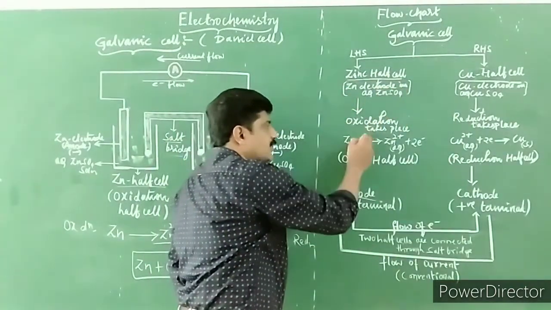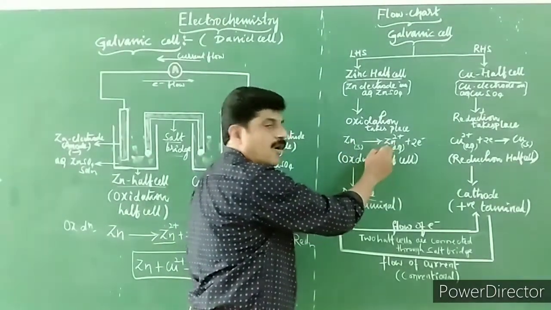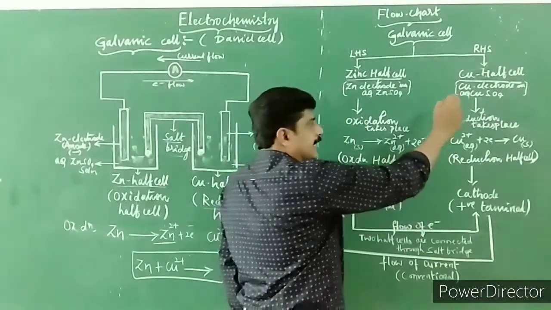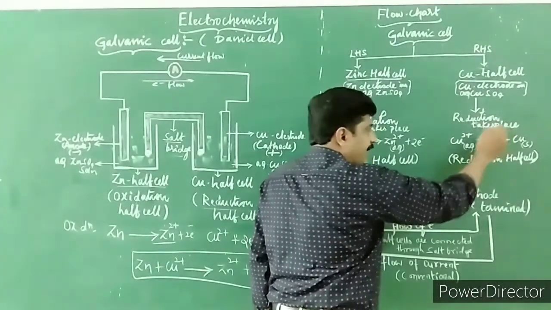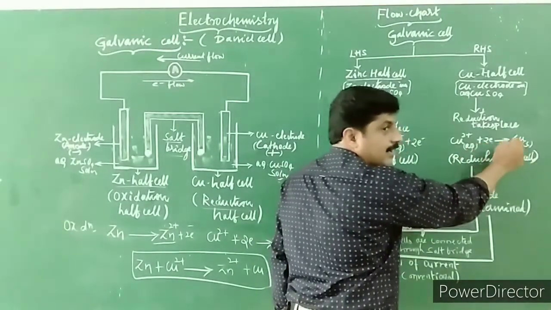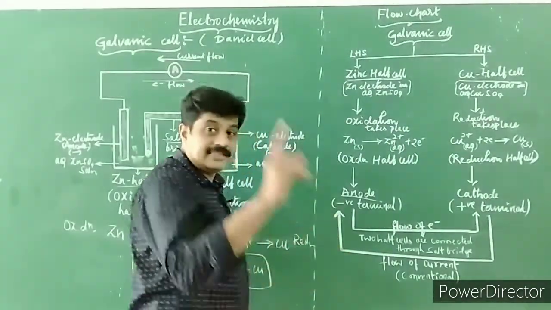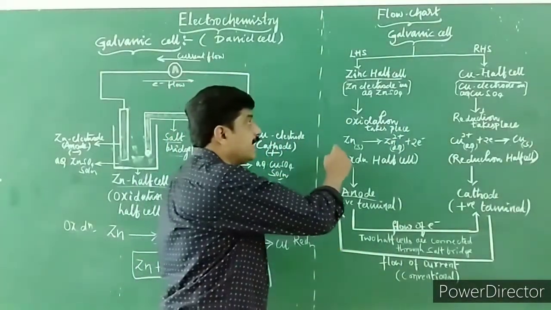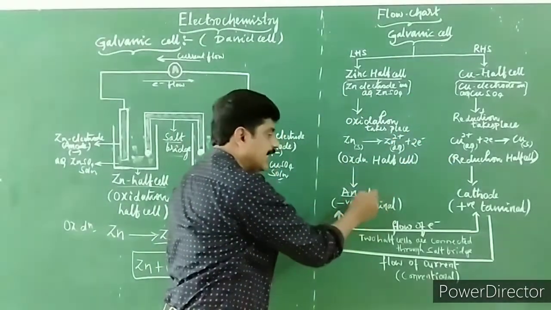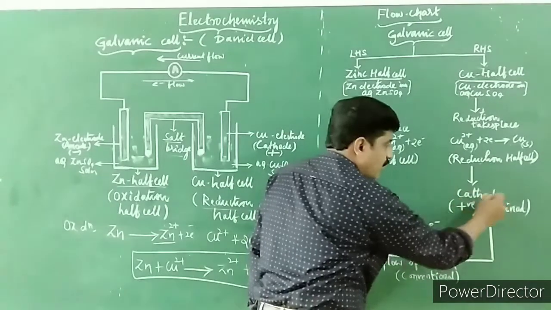In the zinc half cell, oxidation takes place where zinc atoms get oxidized by losing electrons to form zinc ions, and hence it is called the oxidation half cell, whereas in the copper half cell, reduction takes place wherein Cu2+ ions get reduced by gaining electrons to form copper, and hence it is called the reduction half cell. As the electrons move from the zinc electrode to the copper electrode, the zinc electrode becomes the negative terminal and is called anode, whereas the copper electrode becomes the positive terminal and is called cathode.